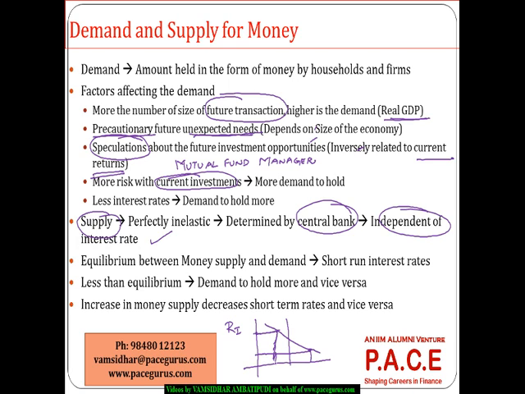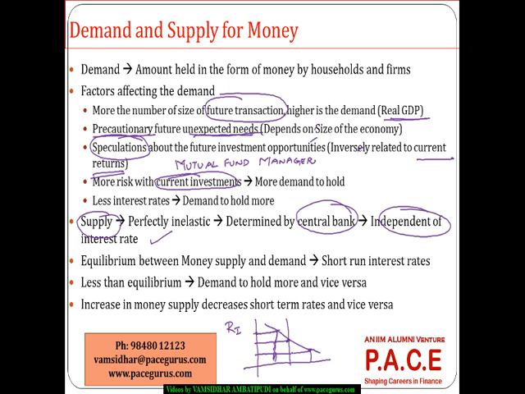So you see that it is a downward sloping curve. The lesser the interest rates, the demand to hold more, and the more the interest rates, the demand to deposit more increases. And when I'm looking at the equilibrium, this is what will determine the short-term interest rate. The equilibrium between money demanded and money supplied will provide the short-term interest rates.